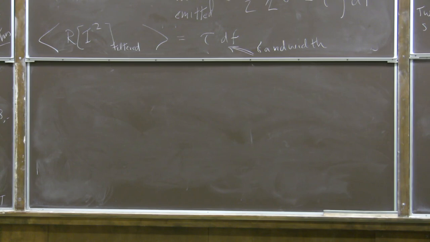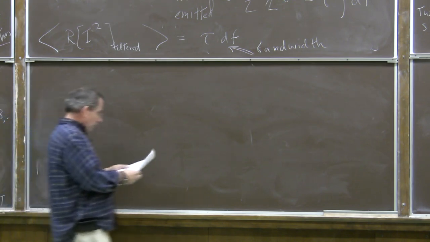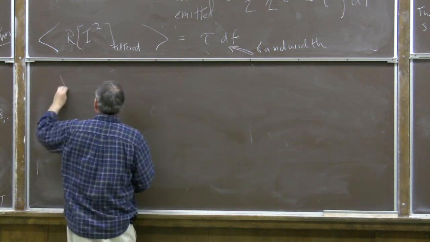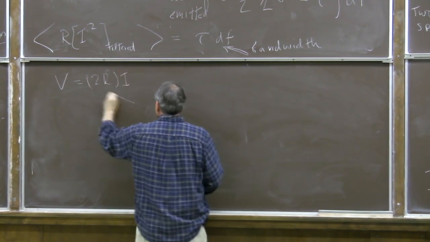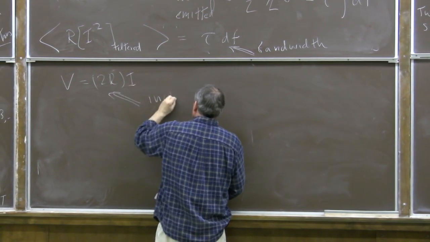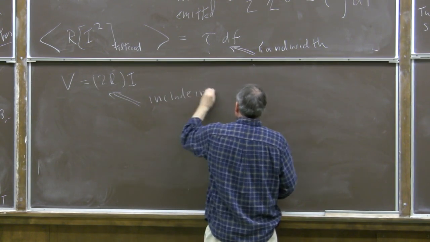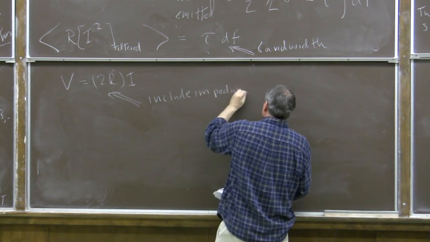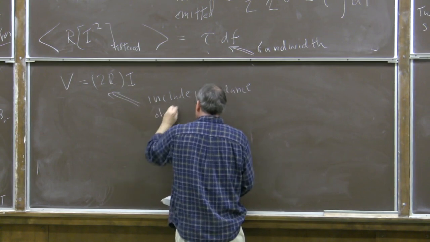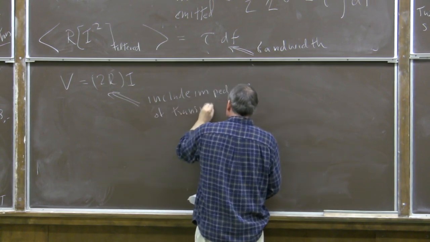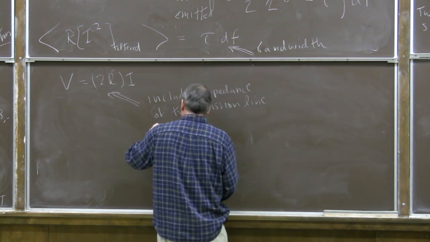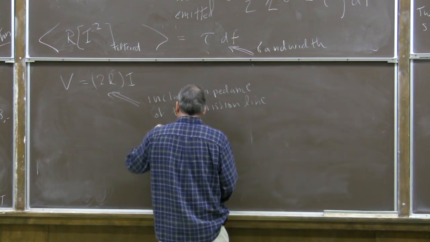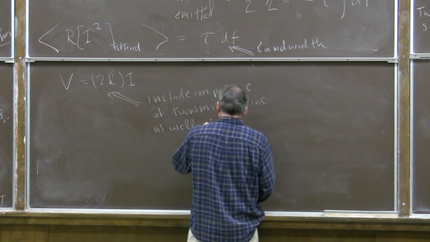So the relation between the current in the circuit and the voltage is that the voltage is equal to 2R times I, because we have to include the impedance of the transmission line as well as the resistor.